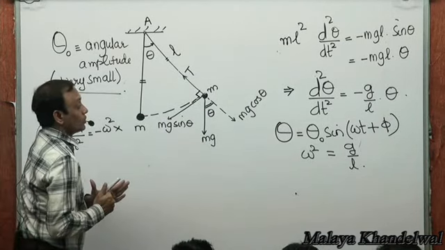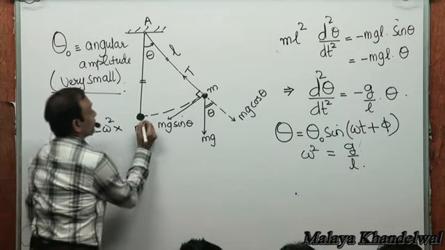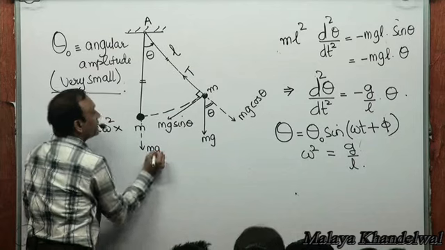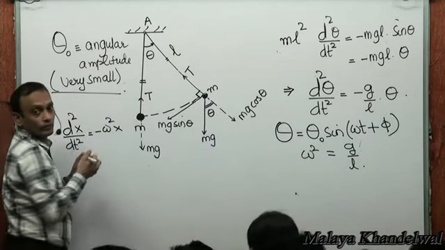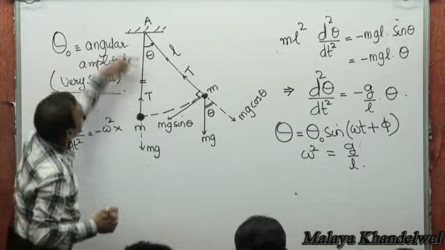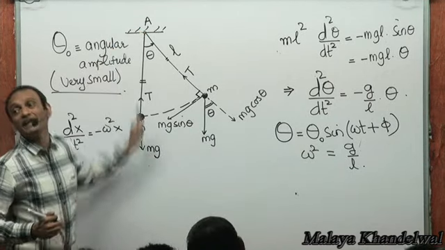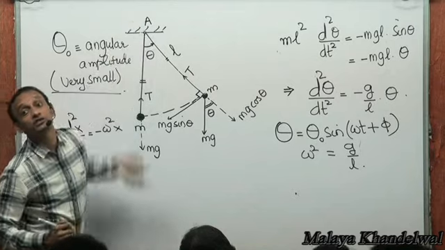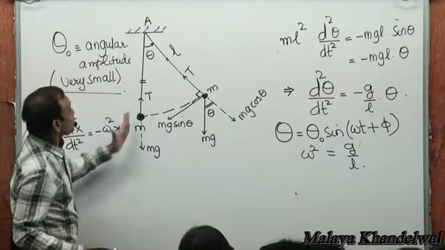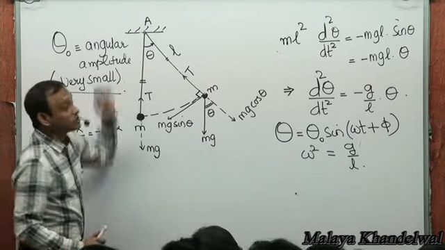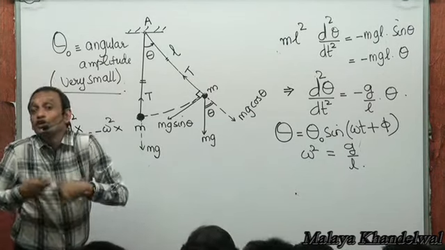Now, in the vertical position, what are the forces? mg and T. What's the net torque about A now? Zero, because both T and mg have their lines of action passing through A. So in the vertical position there is rotational equilibrium.